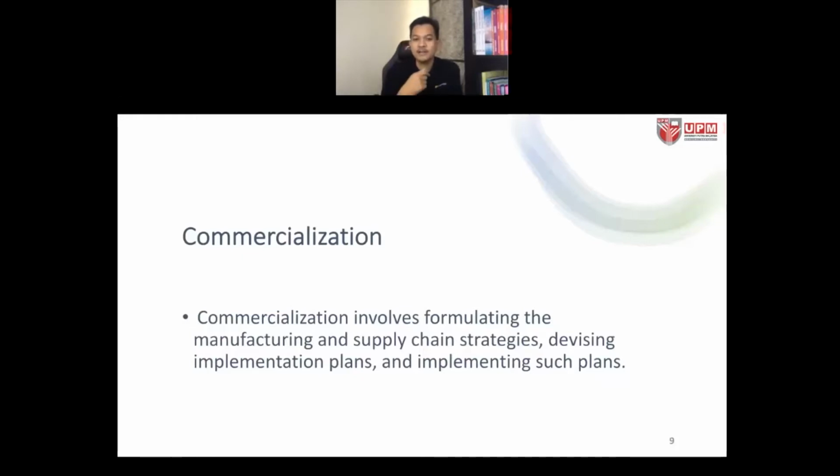At this stage, you're going to devise the implementation plans and implement them.